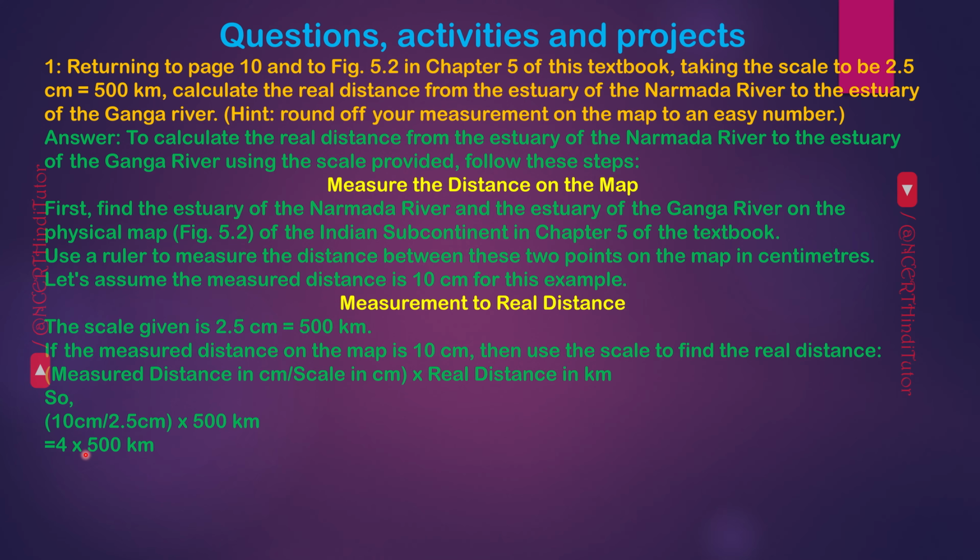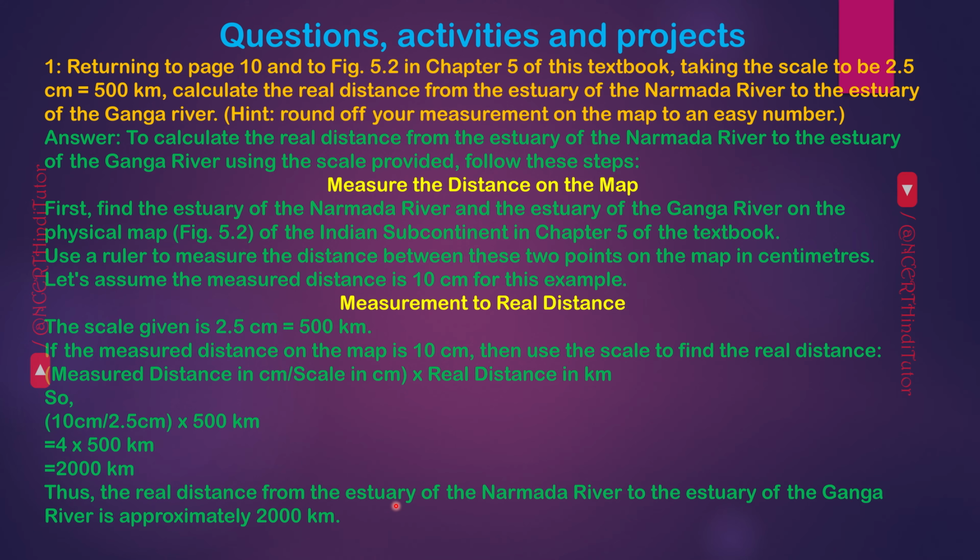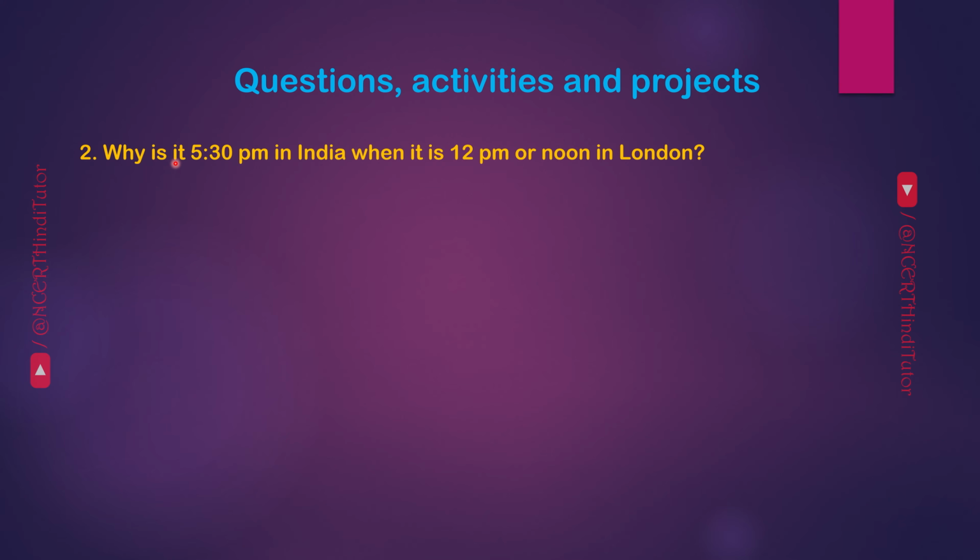This is equal to 4 into 500 km is equal to 2000 km. Thus, the real distance from the estuary of the Narmada river to the estuary of the Ganga river is approximately 2000 km.